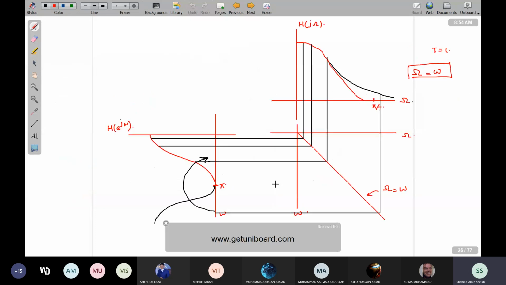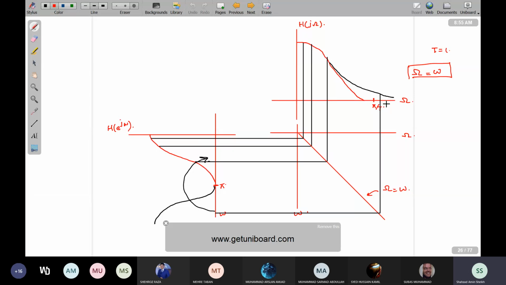We then applied this transformation, which is analogous to what you had already done in your earlier course as well. This is my H of j omega, that's my omega axis, and this red line indicates that my CTFT is band limited to within pi by T. That's my transformation, capital Omega is equal to omega T, and I'm projecting my values of H of j omega onto H of exponential j omega.